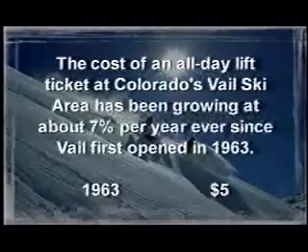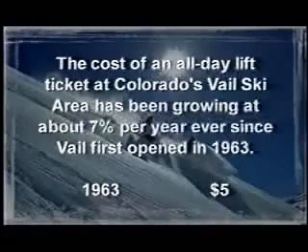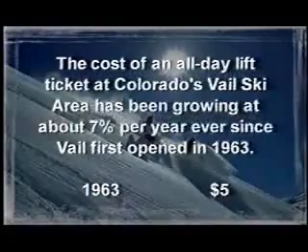Now, do you know what 7% really means? Let's take another example from Colorado. The cost of an all-day lift ticket to ski at Vail has been growing about 7% per year ever since Vail first opened in 1963, and at that time you paid $5 for an all-day lift ticket. Now, what's the doubling time for 7% growth? 10 years.